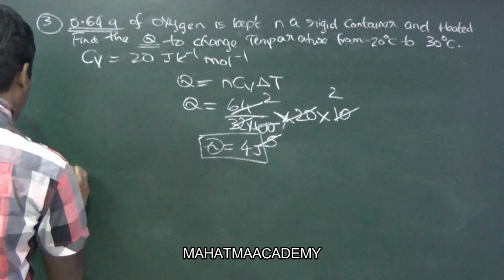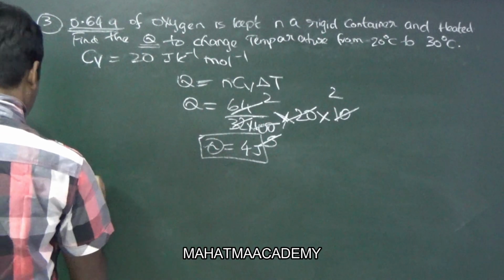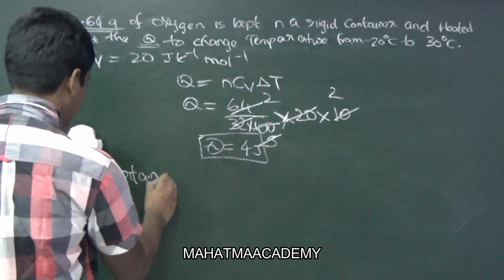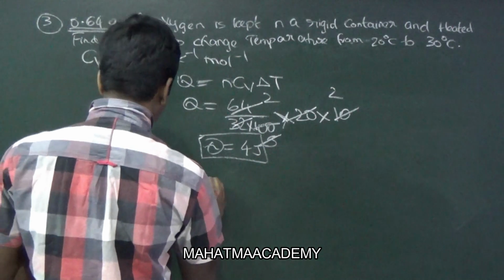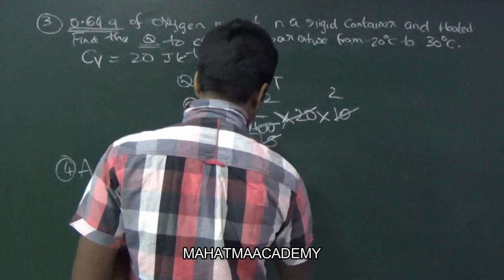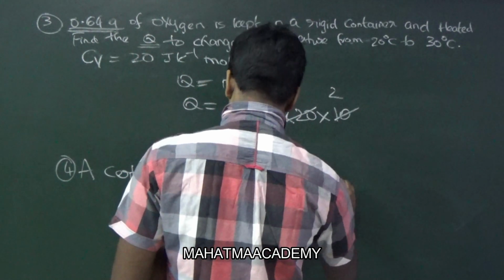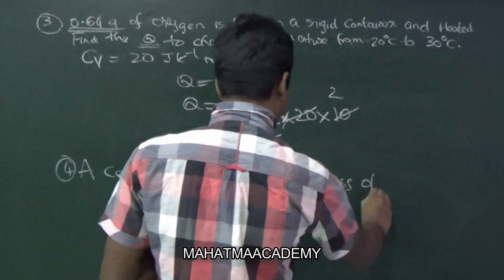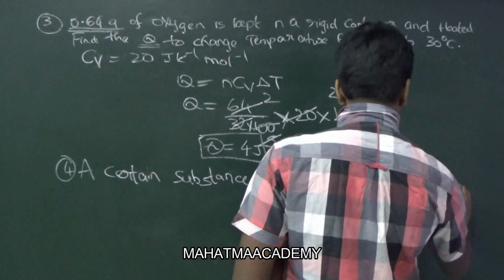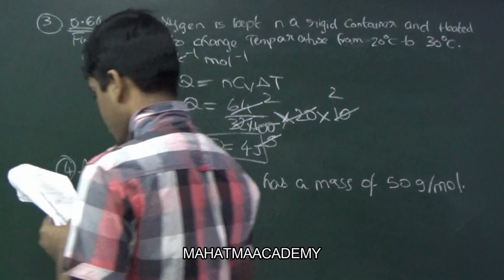The 4th problem. A certain substance has a mass of 50 gram per mole.